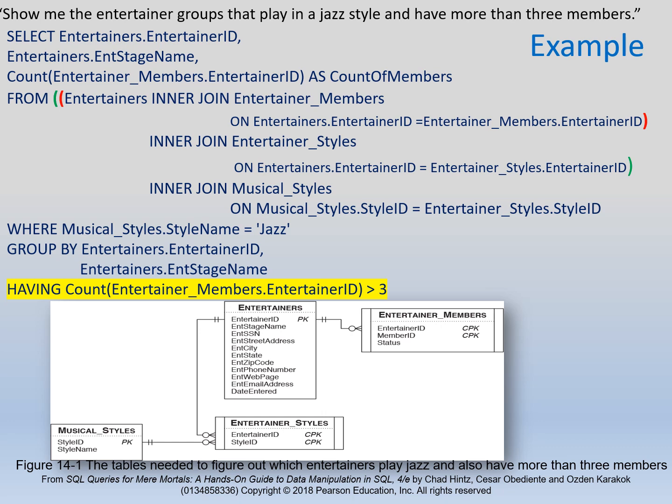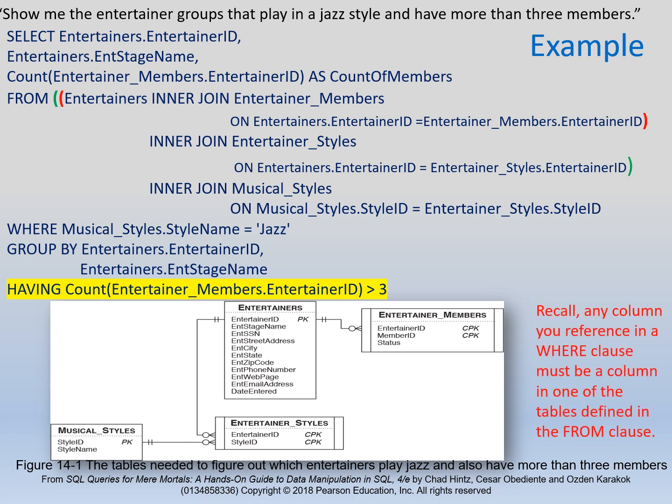And here is our new clause, having count of entertainer ID greater than 3. Using the having clause is new for us. We are applying it on the data that is grouped by in the previous clause.